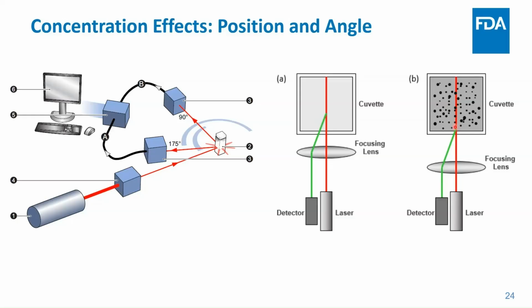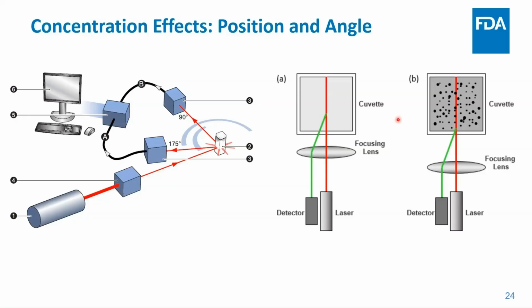And that means the laser focus and the optical focus for the detector are actually seeing the scattering volume closer to the cell wall, which means there's less probability, as opposed to being in the center, for multiple scattering events to happen, because basically there's just less path length for the light getting back to the detector.